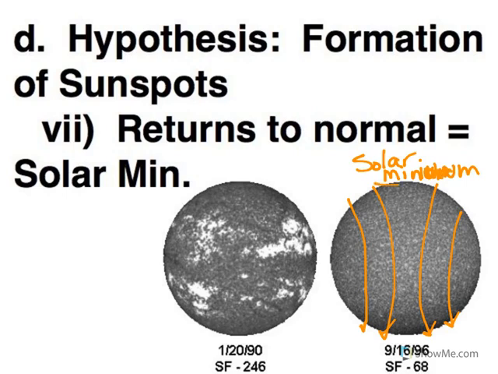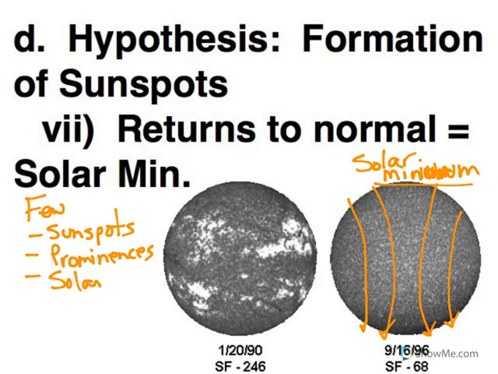So now we're going to see very few sunspots, very few prominences, solar flares, or coronal mass ejections, because now there aren't many kinks.